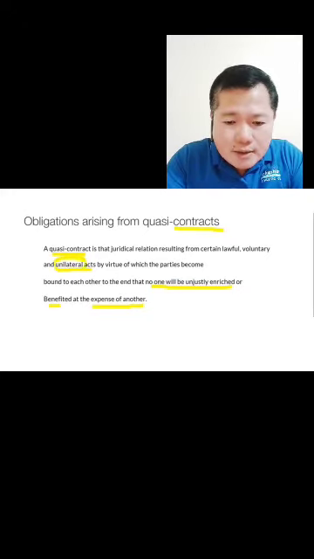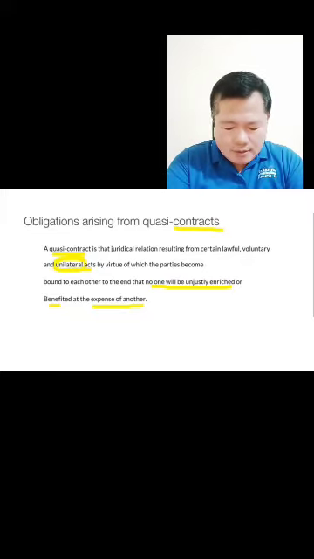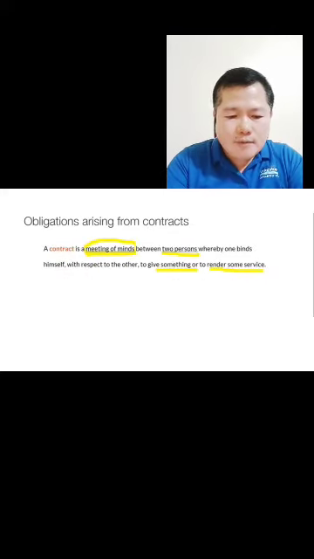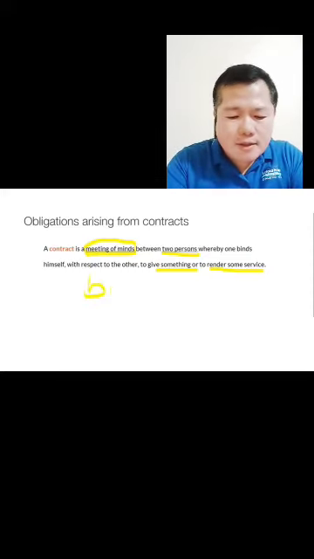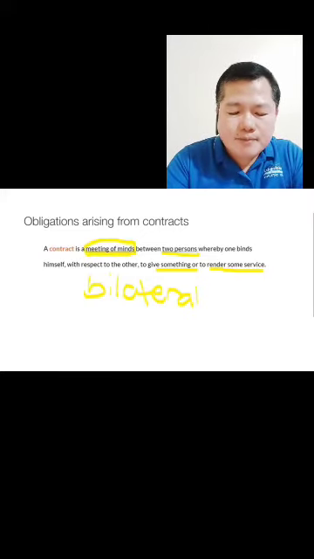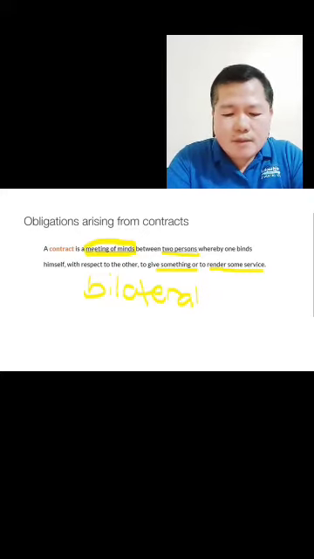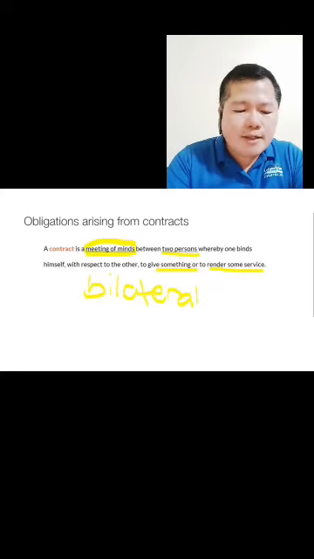Let's start with the word unilateral. Unilateral act. If we go back to the definition of contract, we consider a contract a bilateral act, meaning the two persons we referred to earlier each have a certain act to perform.